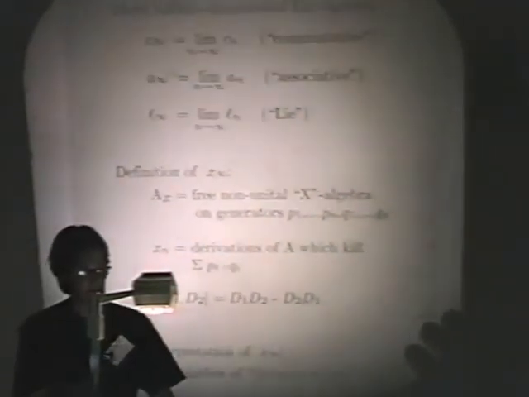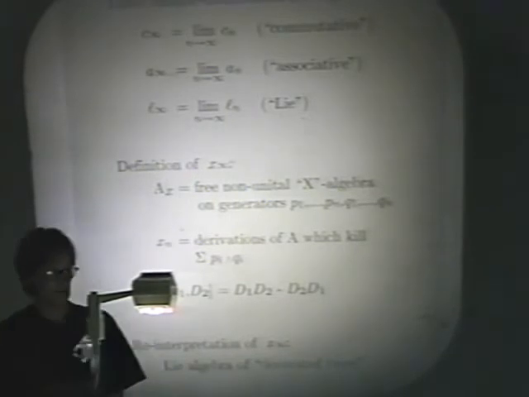Okay, so I want to start by describing these three infinite-dimensional Lie algebras that occur in this theorem. There's C infinity, A infinity, and L infinity. C is supposed to remind you of commutative, A for associative, and L for Lie. And they all have definitions in terms of derivations.